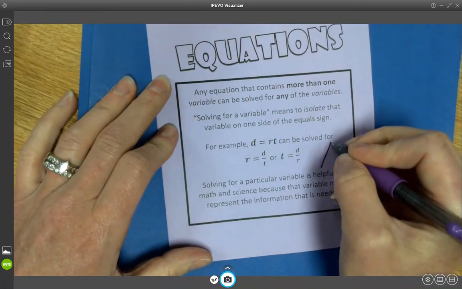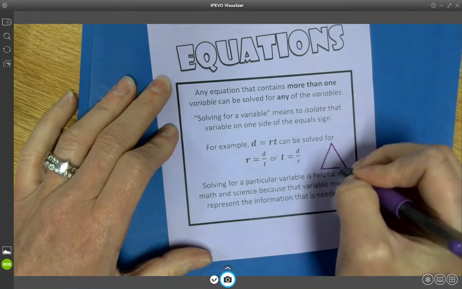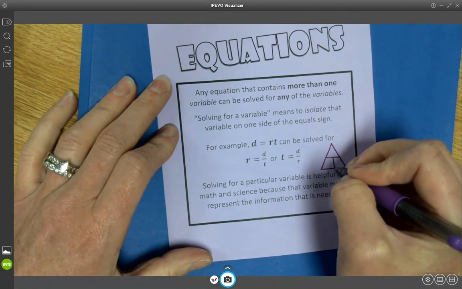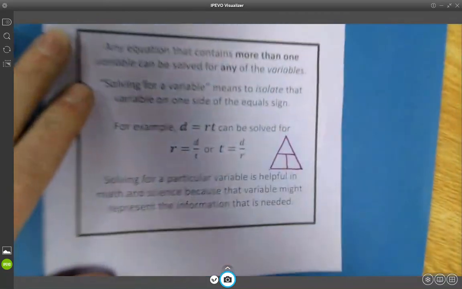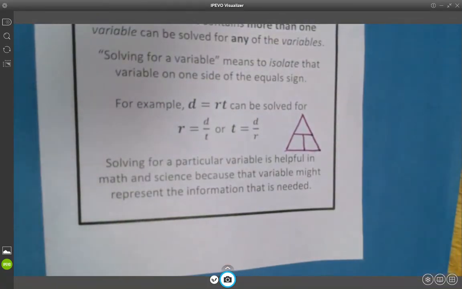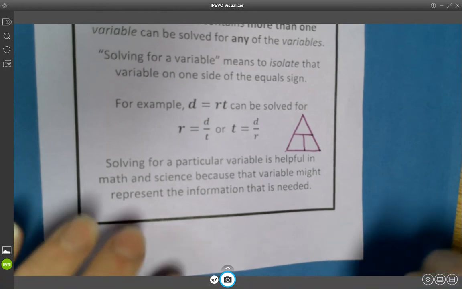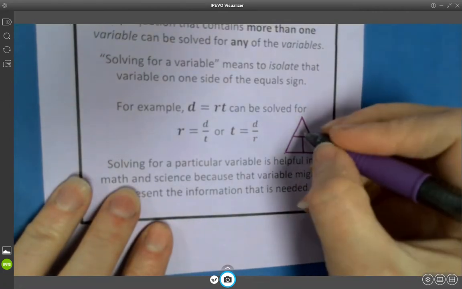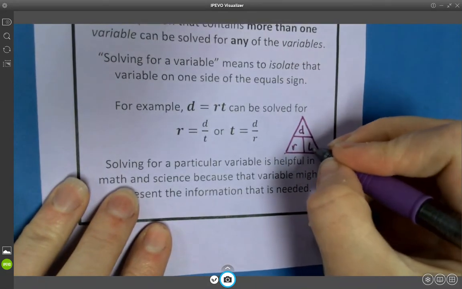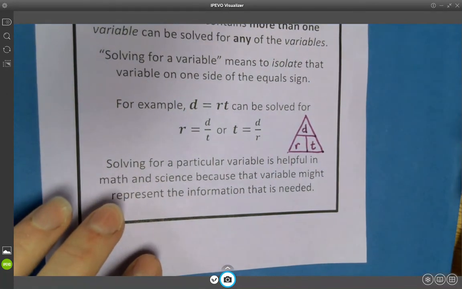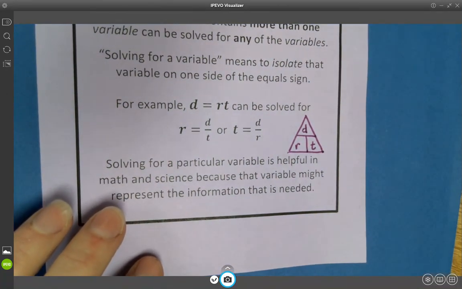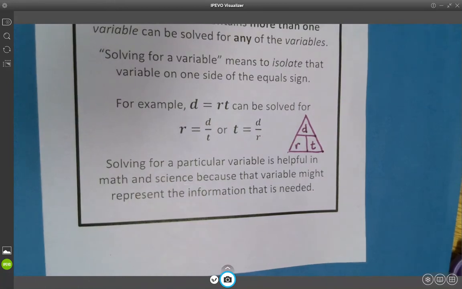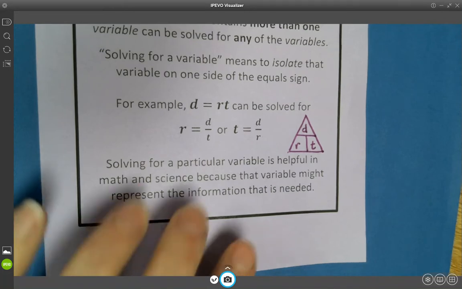Back in 8th grade science, you might have seen this triangle. Go ahead and draw that triangle on there. This is the distance, rate, and time triangle where you can change around the variables.